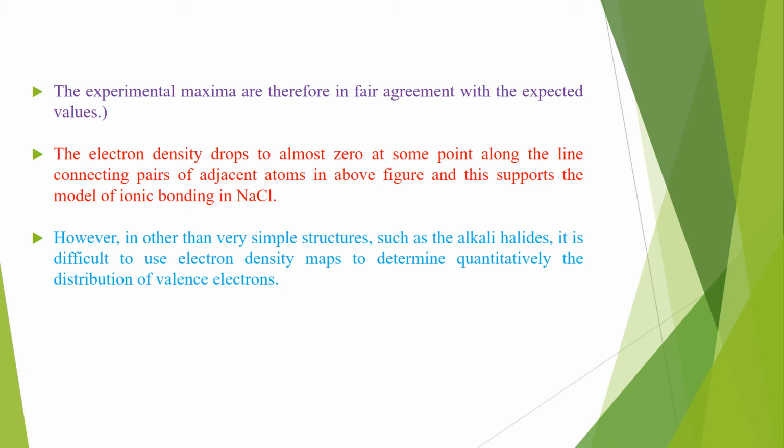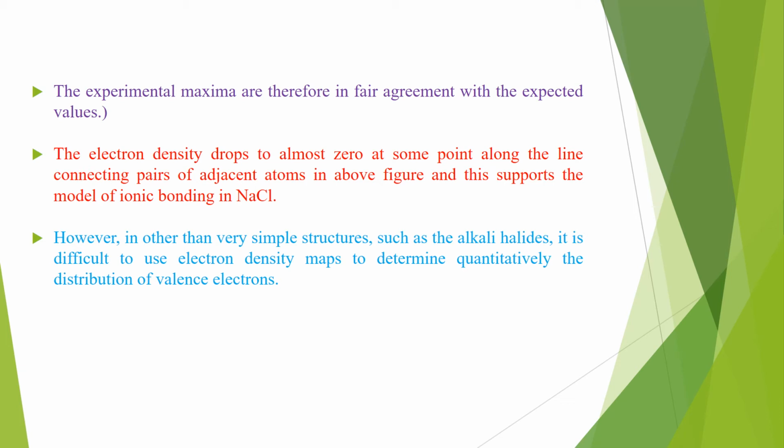In structures which have covalent bonding, there is residual electron density between atoms on the electron density maps. However, in other than very simple structures such as alkali halides, it is difficult to use electron density maps to determine quantitatively the distribution of valence electrons.